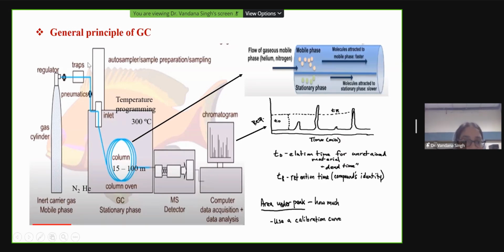Another kind of injector is the non-split injector, where the whole sample is injected into the sampler. Such injection is generally done when the concentration of analyte is low.